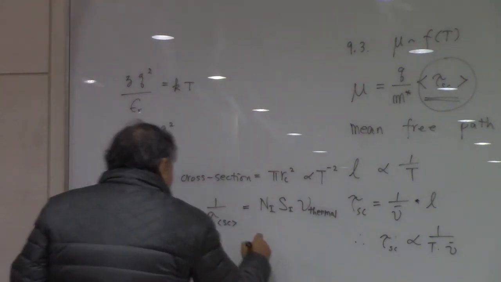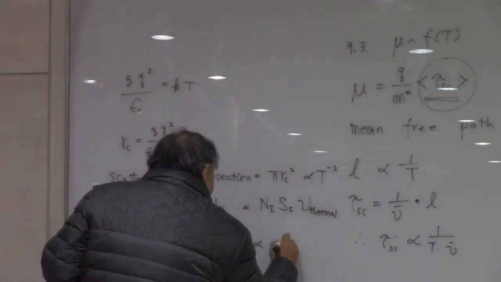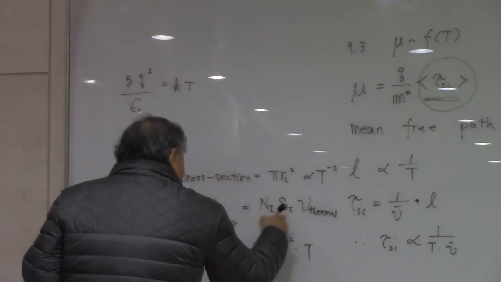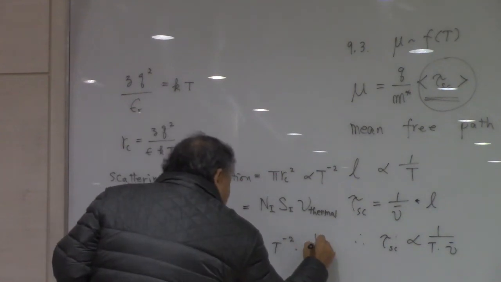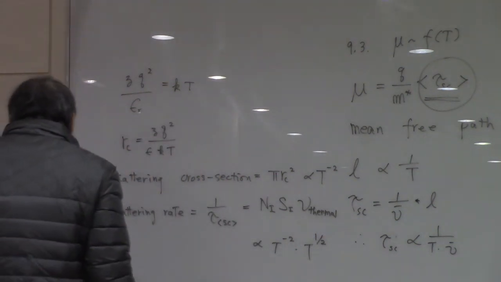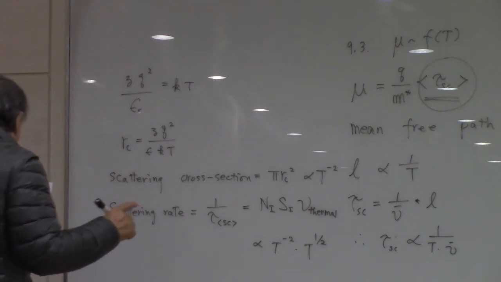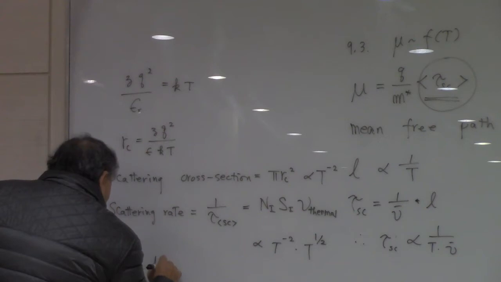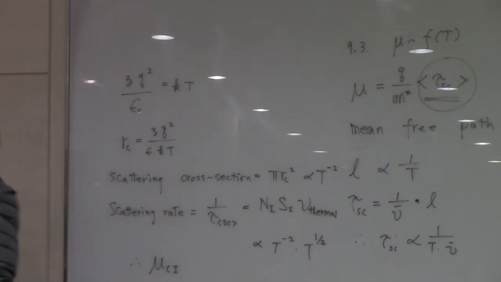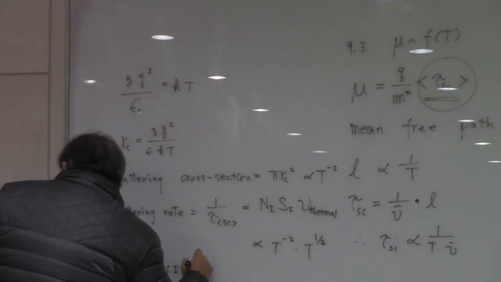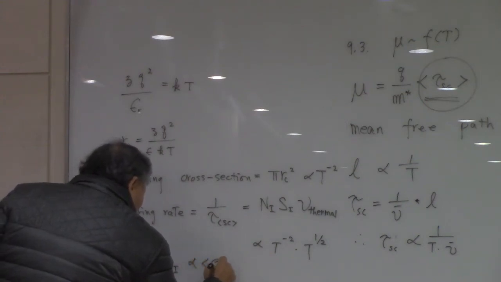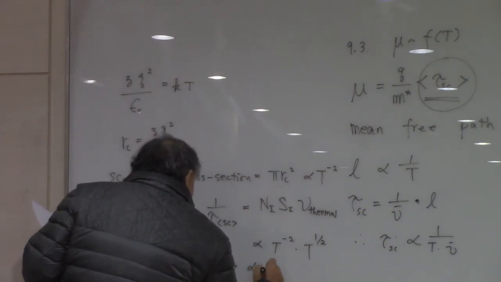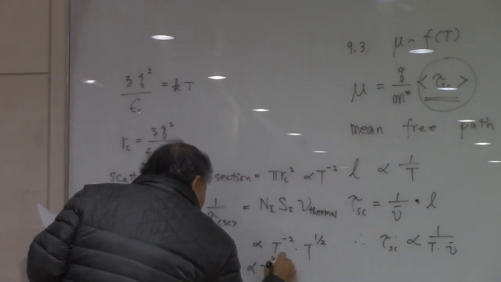So the scattering rate is going to be proportional to T to the minus 2 for the cross section, and the thermal velocity term, which is proportional to the square root of T, so that the mobility of a charged impurity scattering case should be proportional to the scattering relaxation time, and that is going to be related to T to the 3/2.